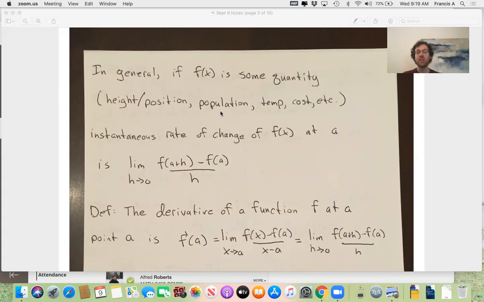How quickly is the population increasing or shrinking if your town is getting smaller, for instance? How fast is a disease spreading? How is the number of people infected changing?